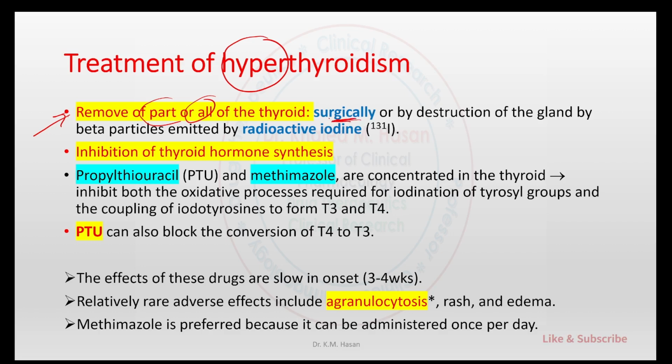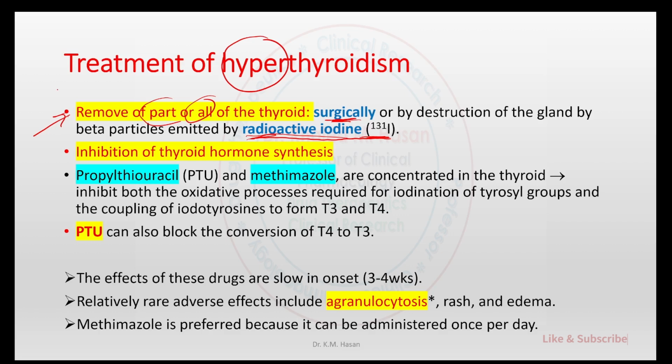This removal could be implemented surgically or by radioactive iodine 131. So we have two processes to remove the thyroid gland partially or totally: surgical removal, or using radioactive iodine 131.